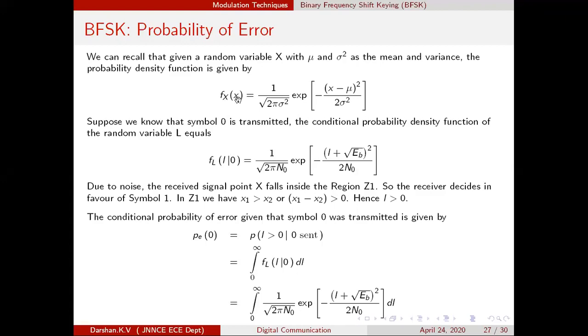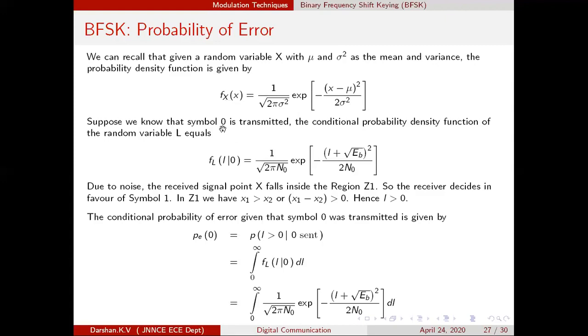This is capital X and this is small x. It is equal to 1 divided by root of 2 pi sigma square, exponential of minus (x minus mu) whole square divided by 2 sigma square. Mu is the mean and sigma square is the variance. This is the formula for the probability density function for a random variable x.